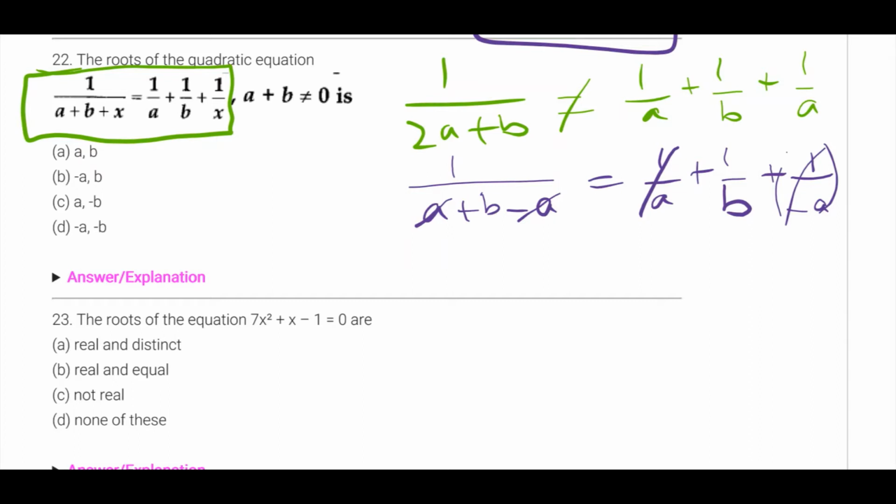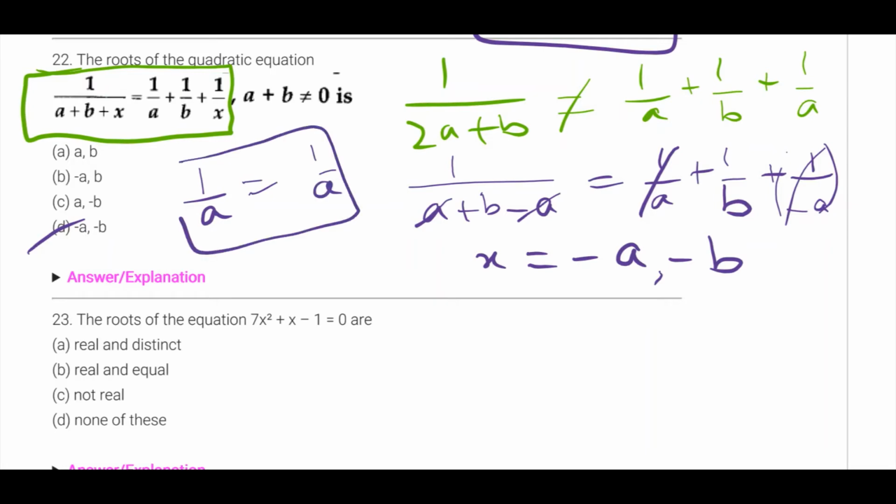So 1 by b equals to 1 by b. But the other root is b, which is not satisfying. For the other root to be satisfying, I should have x equals to minus a comma minus b. So even if x is minus b, I'll get 1 by a on the left hand side and 1 by a on the right hand side.